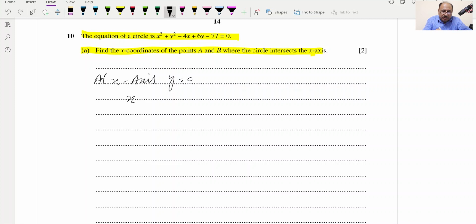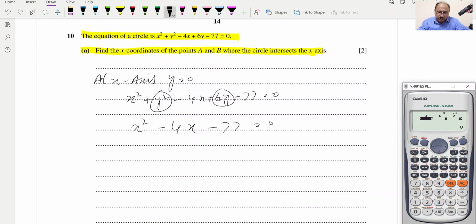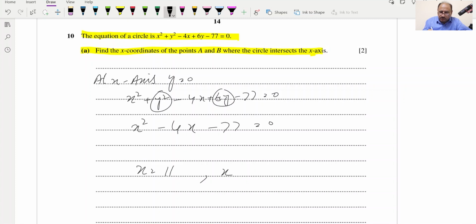So this equation, which is x squared plus y squared minus 4x plus 6y minus 77 is equal to 0, with y equal to 0, the remaining equation will be x squared minus 4x minus 77 is equal to 0, and we can solve this quadratic equation. The coefficient of x squared is 1, the coefficient of x is minus 4, and the constant value is minus 77, and we get 11 and minus 7. So x is equal to 11 and x is equal to minus 7.